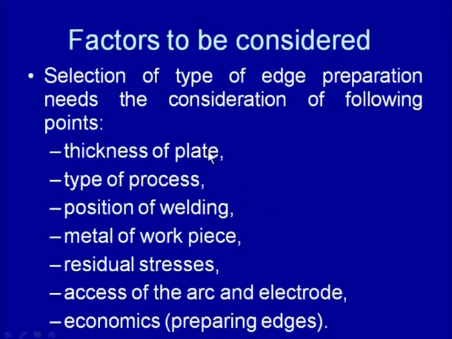So, the various factors that should be considered while selecting a suitable edge preparation involve the thickness of the plate. If the plate is thin, then a square groove is used, and for thicker plates where weld metal is to be deposited for developing the joint, we can go with the single V or single U, depending upon the thickness, say up to 10 to 12 mm.